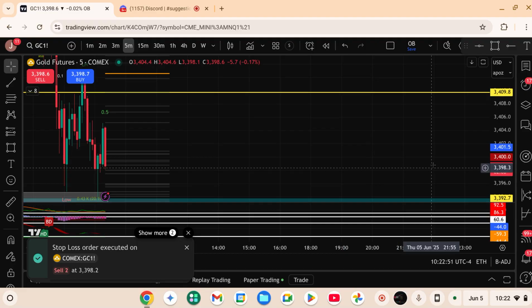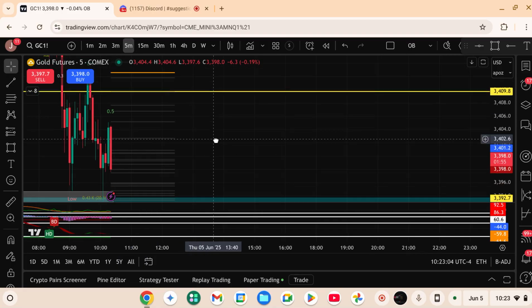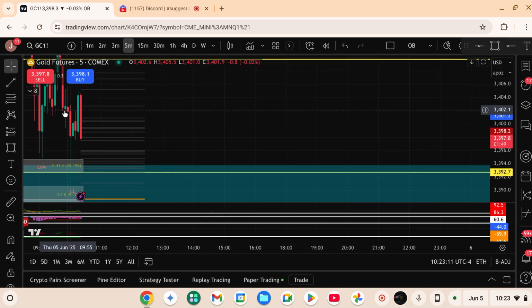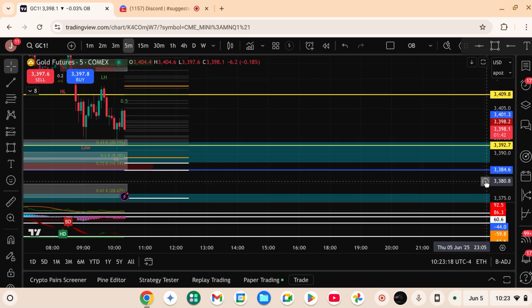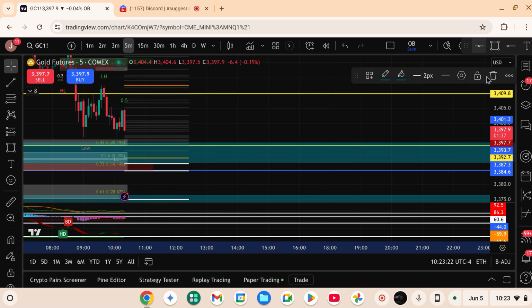All right, so stop loss got hit. That's all I'm doing. I'm not gonna try to take a second trade because price is too choppy. But if you were in that trade and you closed out early for a profit, then just consider not taking any more trades because now, hold on, take this away.